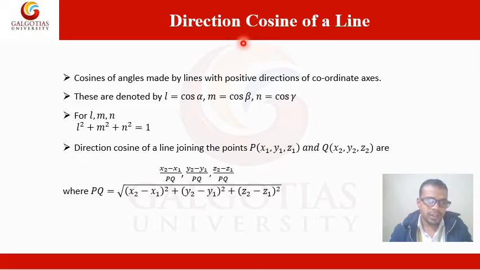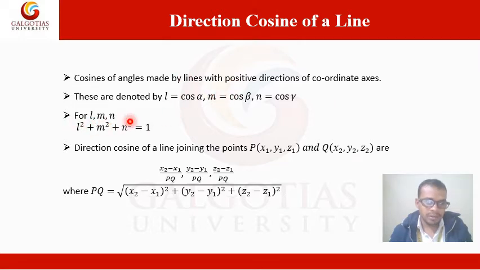Let us think about direction cosines in a plane. Some facts of direction cosines in a plane. The cosines of the angle made by a line with the positive direction of the coordinate axes are denoted by the letters L, M and N, and their values are cos alpha, cos beta and cos gamma respectively, where alpha, beta and gamma are the angles with the respective axes in the positive direction.